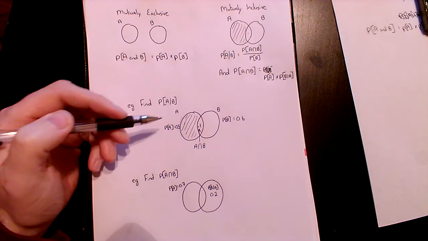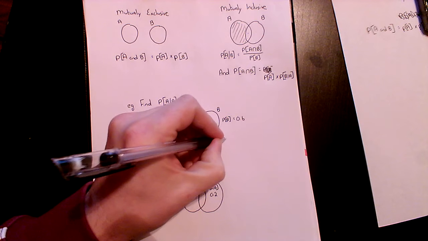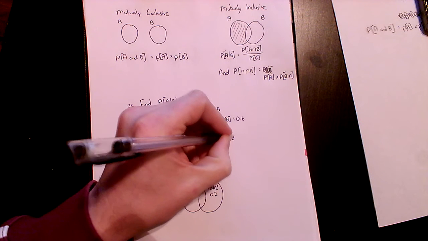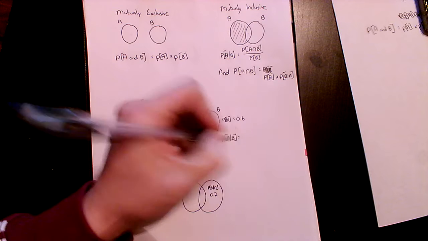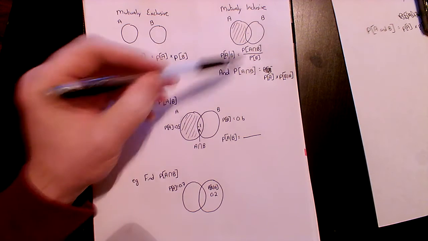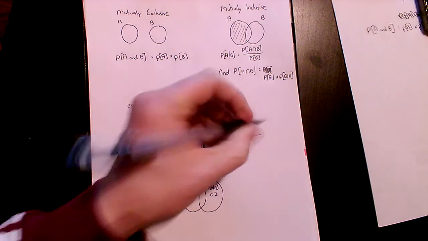Okay, so if we look up here, this is the formula, and we have to know that because it's not in our logbooks. So the probability of A given B equals, now I'm going to look at this. Have I the probability of A intersection B? I do.